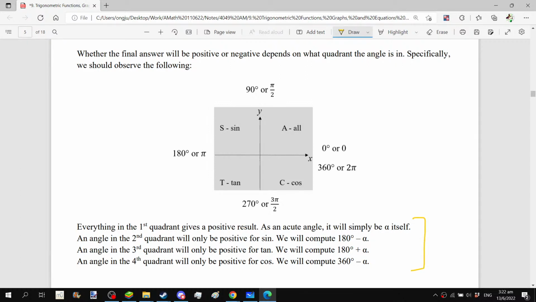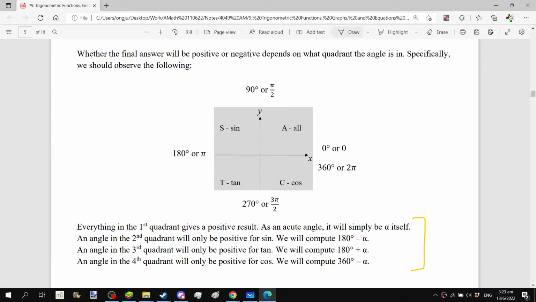If you are in this first little segment over here, we call these four segments quadrants, right? If you're in this first segment, that is to say, you started from the right hand side, as we said earlier, and you go by an acute angle, then obviously you are already an acute angle, and so your basic angle will simply be the angle itself.